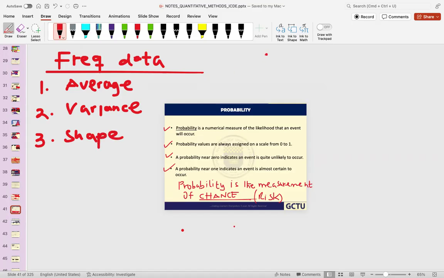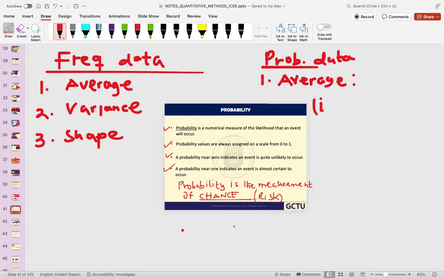In the same way, our probability is going to generate some probability data for us. Out of that data, we'll also find the average. But for that average, we have three terminologies we use in describing the average of a probability data.